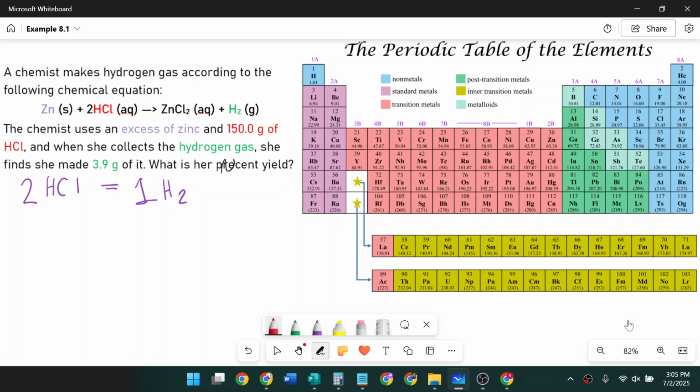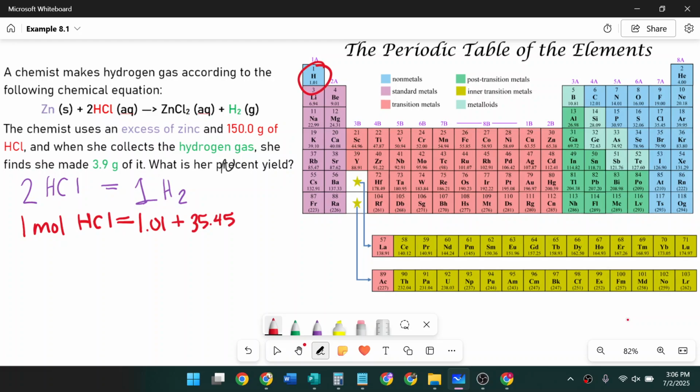All right, so let's get the conversion relationship. So for HCl, 1 mole of HCl. To figure that out, we have to add 1.01 plus 35.45.